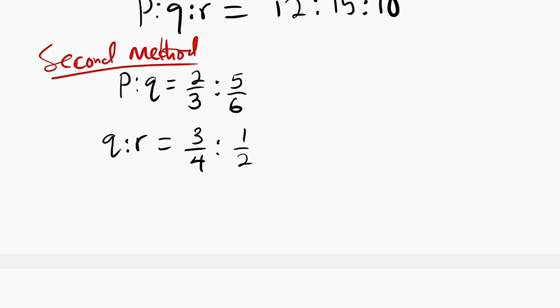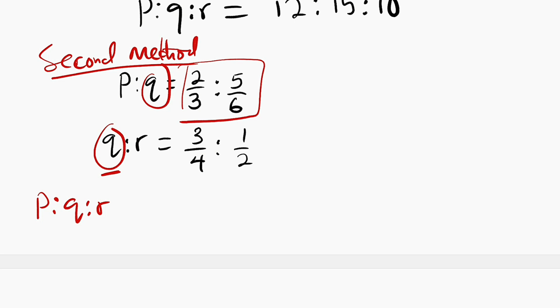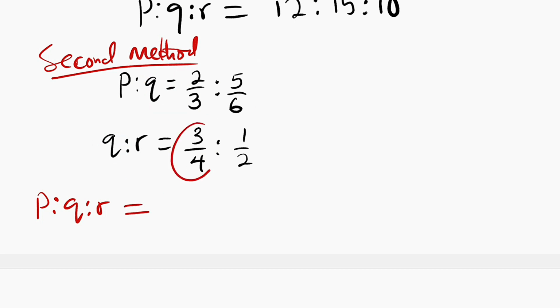So what we want to do here, if we want to transform these ratios into P to Q to R, you see we have Q here. So let me take one Q here and multiply all of these fractions. So this is equal to, you take Q, which is 3 divided by 4, you multiply by this, you're going to get 3 divided by 4 multiplied by 2 divided by 3.